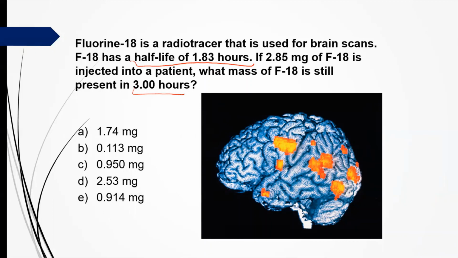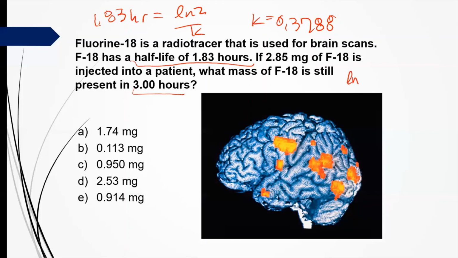Now, we know that 1.83 hours is ln 2 over k. So my k value should be 0.3788. Now my milligrams is going to be 2.85.